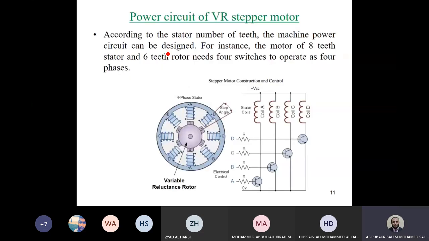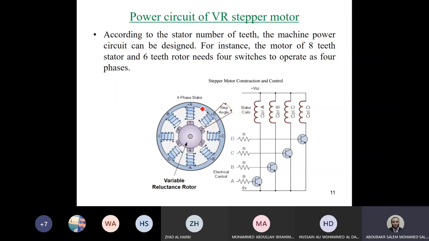Now, what is the power circuit that we can use in order to make this kind of control? Simply, as we described in the beginning, we have many configurations. The configuration of variable reluctance is not fixed. We can design our motor based on our requirements, based on the required step angle, and then we can design how many teeth in the stator, how many teeth in the rotor, and so on.